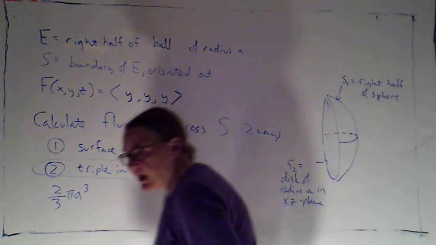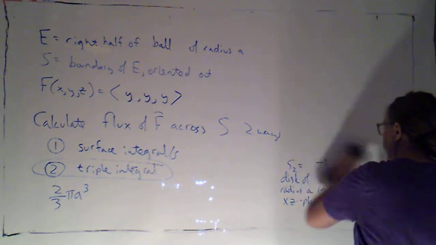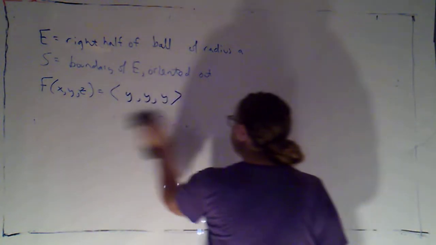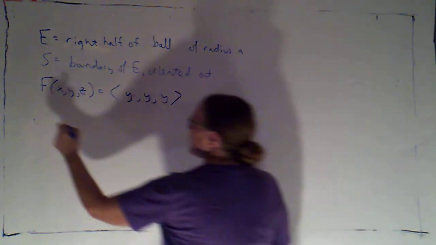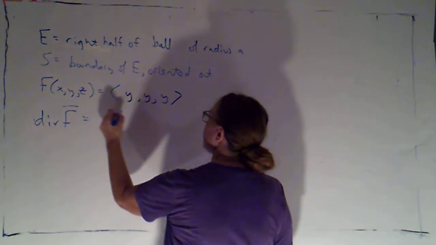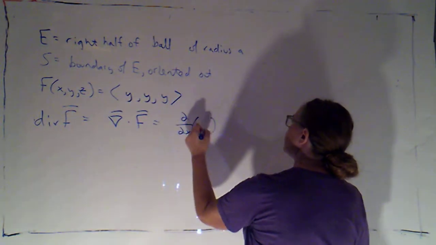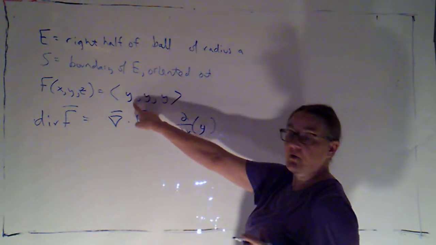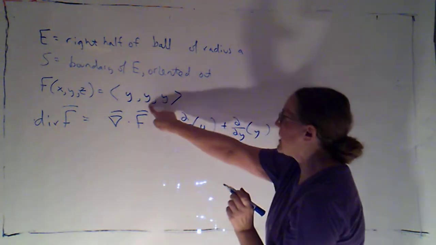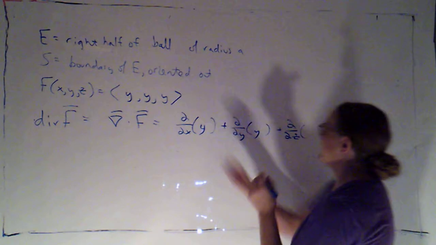So, if I'm going to evaluate this using the divergence theorem, I'm going to need to know what the divergence of F is. So the divergence of F is just del dotted with F. So that's the partial with respect to x of the function in the first component, plus the partial with respect to y of the function in the second component, plus the partial with respect to z of the function in the third component.